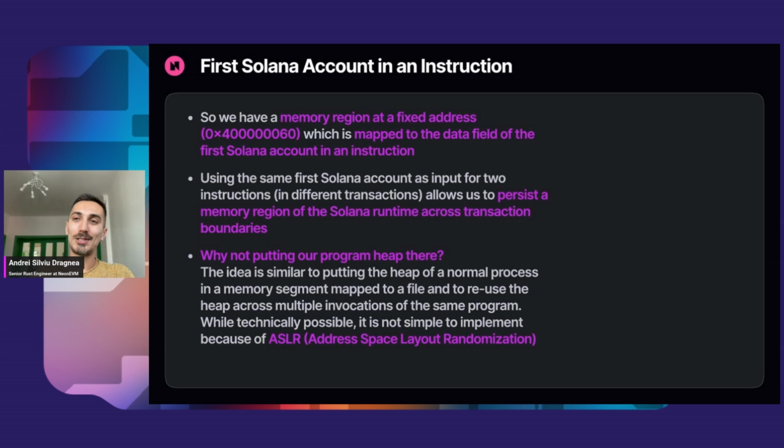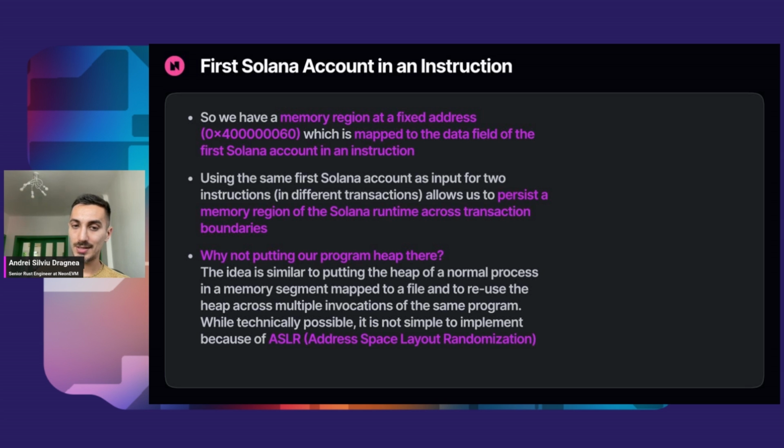And my next question would be, why not put our program heap there? From a normal operating system point of view, this is similar to putting the heap of your usual process in a memory segment that is memory mapped to a file, and reusing that heap across multiple invocations of the same program.